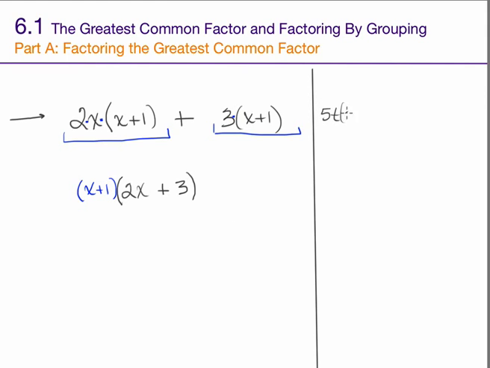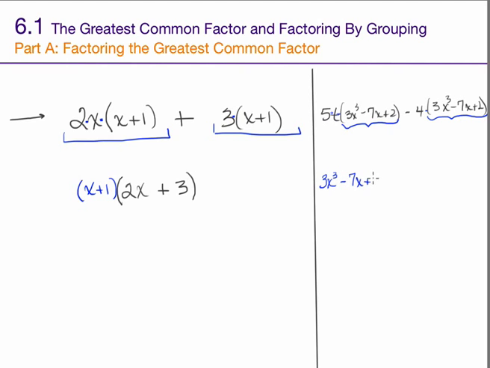5t times 3x cubed minus 7x plus 2, minus 4 times 3x cubed minus 7x plus 2. Looks messy, but if all I'm asking you to do is factor out the greatest common factor, I'm asking you to find the factor, the thing that's multiplied by the other things in that term, the factor that's common to both terms.